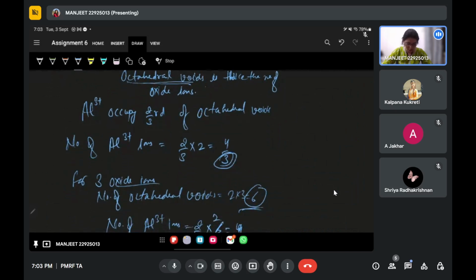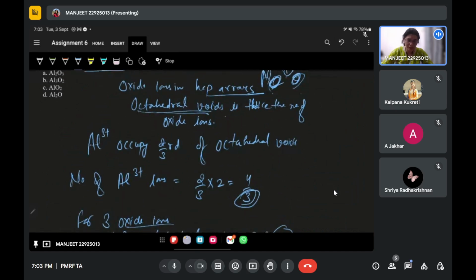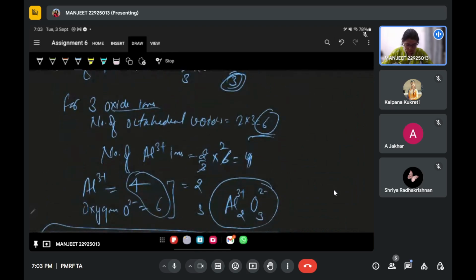Now, because this is in the form of a fraction, to make it simpler, we consider 3 oxide ions. For the corresponding 3 oxide ions, the number of octahedral voids will be twice, because octahedral voids are twice the oxide ions. So this gives you 6.